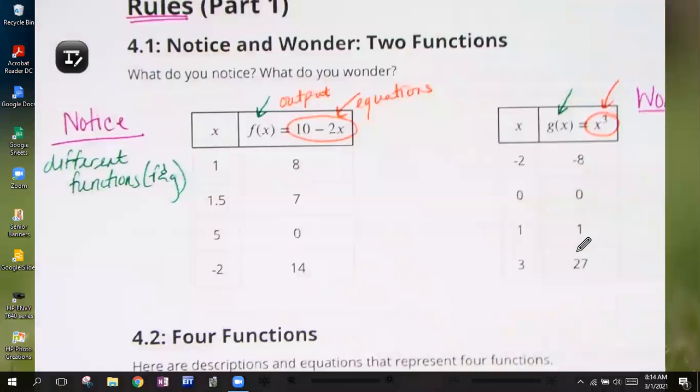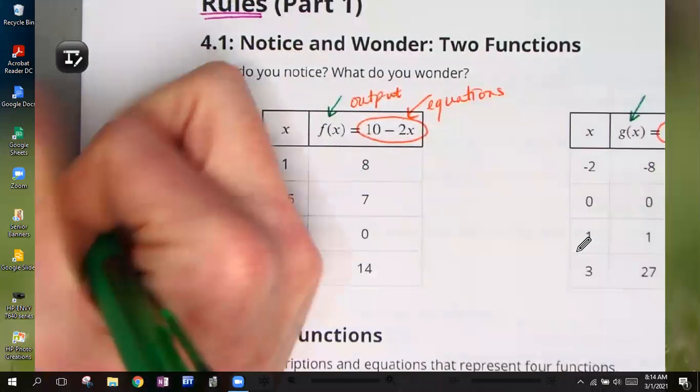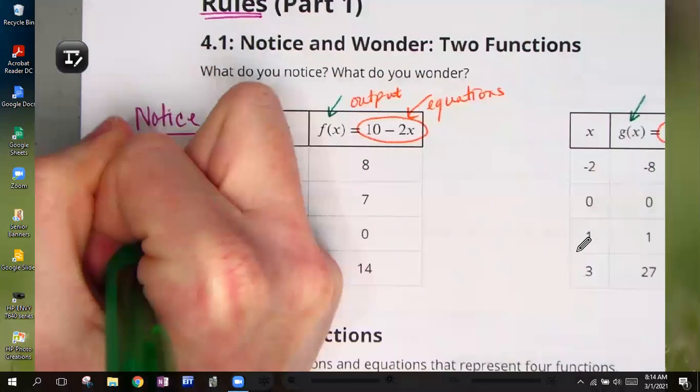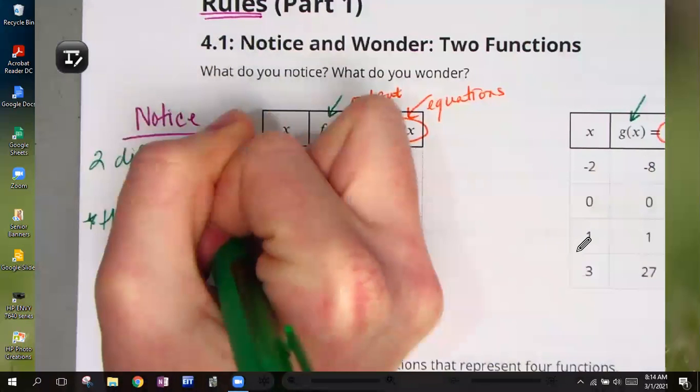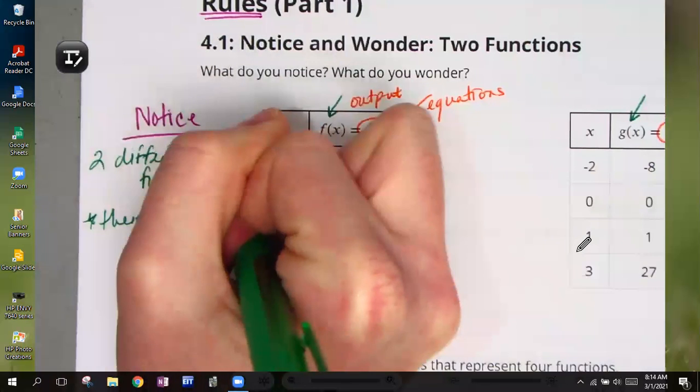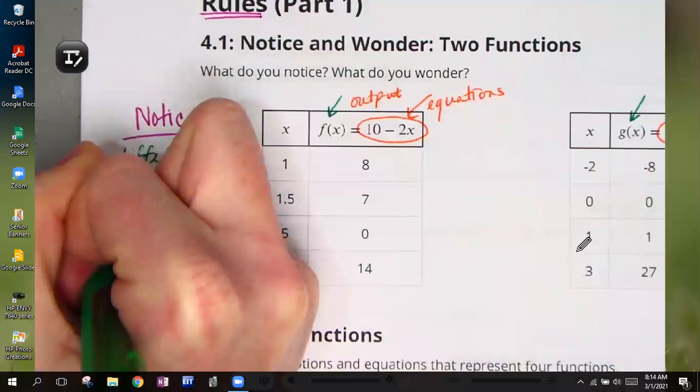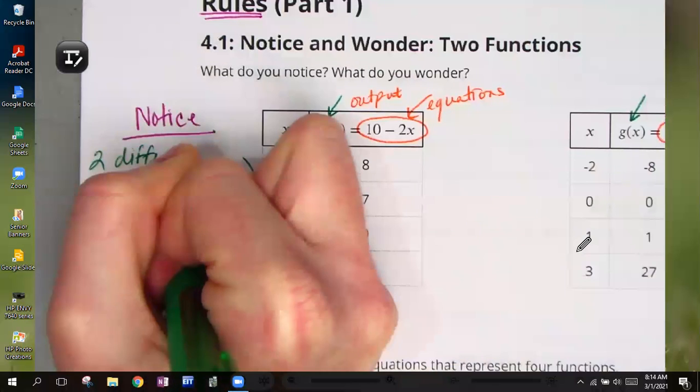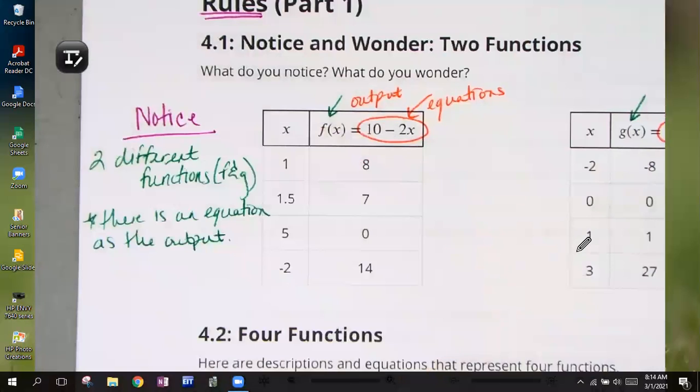All right, so what I notice is that there is an equation as the output. Interesting. Luke, what do you notice?